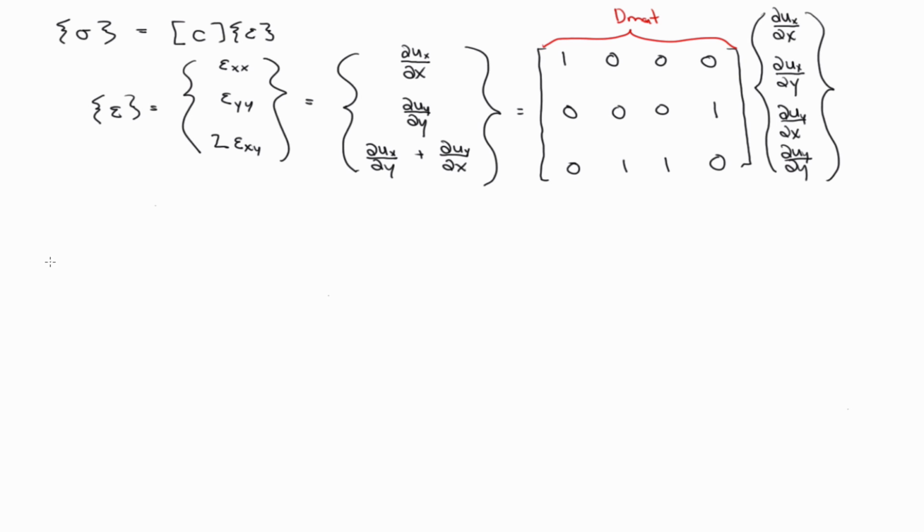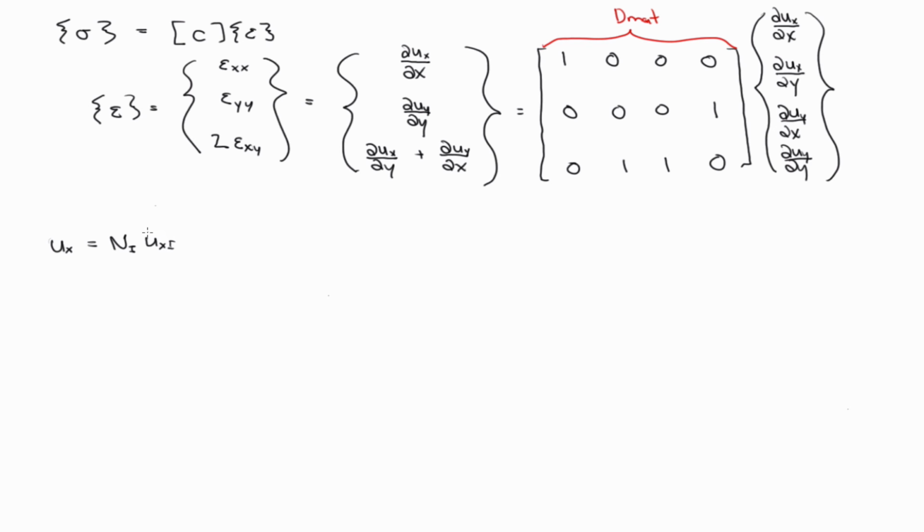So remember that a component U of X that we're going to solve for, or the field U of X, is equal to the summation of I shape functions over I unknowns, right?